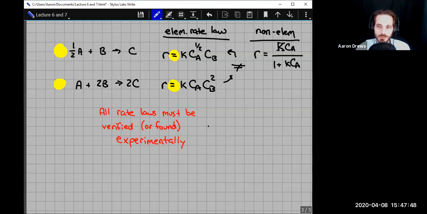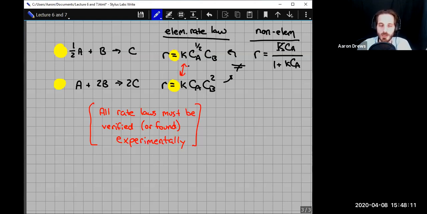Would the activation energy differ with the stoichiometric coefficient? Yes and no. That's part of the reason that I wrote here that all rate laws have to be verified experimentally or just found in the first place experimentally, because we have no way to know what the appropriate form is here or here. We could write either one, right?